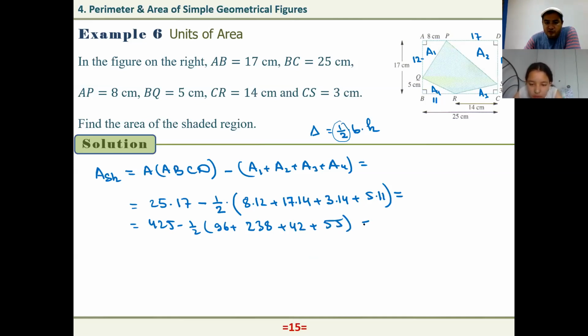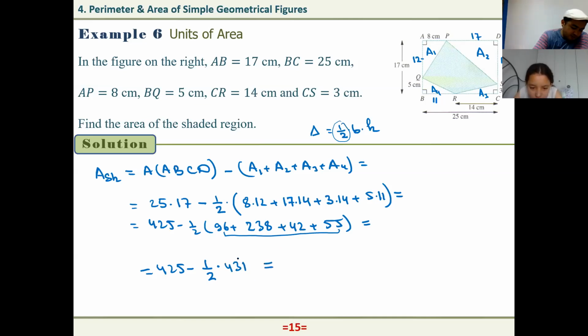Right? And which is equal to 425 minus, here we have 96 plus 238 plus 42 plus 55. That's equal to 1 over 2 times the whole thing. Here the whole thing is equal to 431.